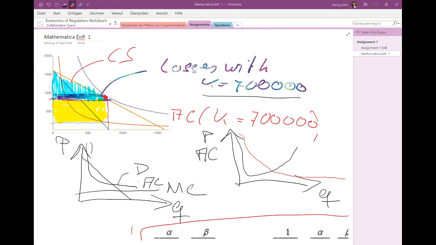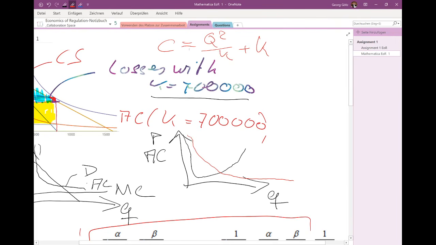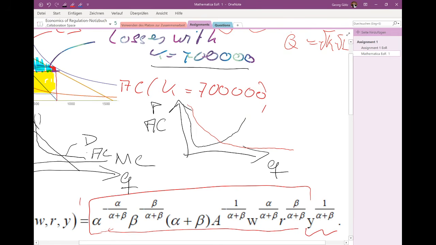Our cost function was output Q squared over K, where K is the capital, plus K, and this was the result of Q equal to square root K times square root L. The only point I want to make is that this K determines how these are different average cost curves.